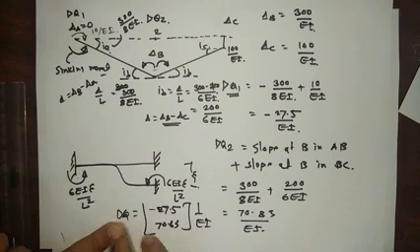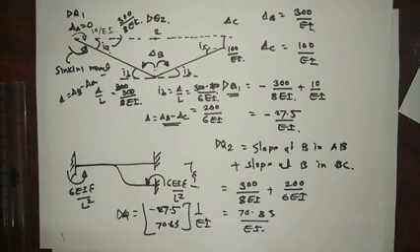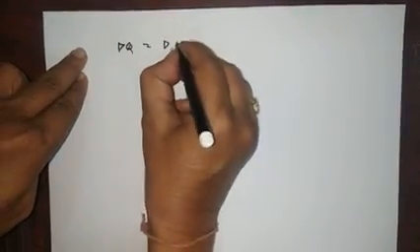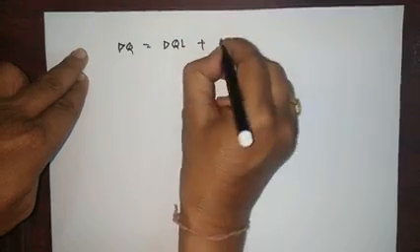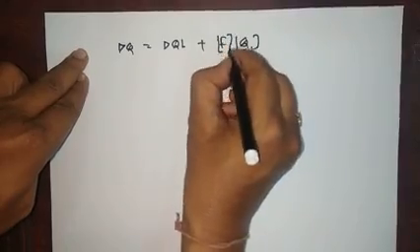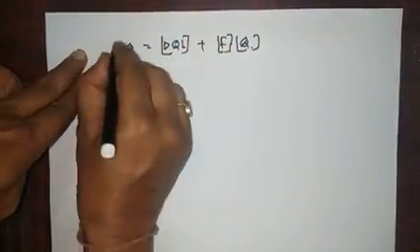So now we have got the dq matrix, dql matrix, f matrix and the q matrix. Now we'll put all these values. Our formula is dq is equal to dql matrix plus f into q matrix.